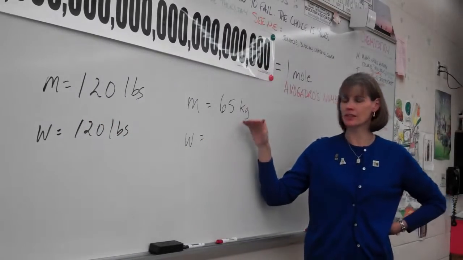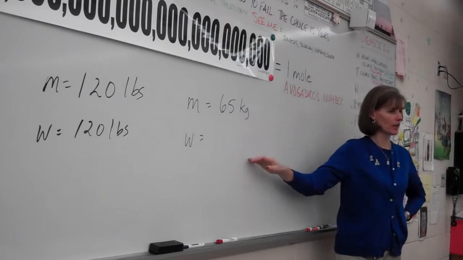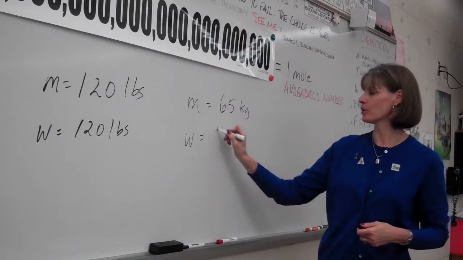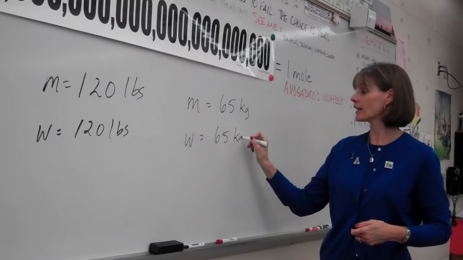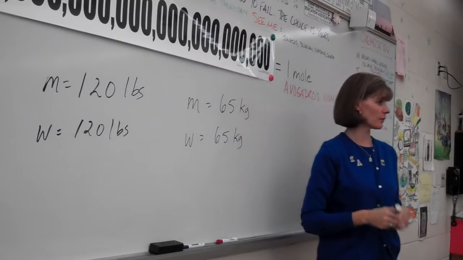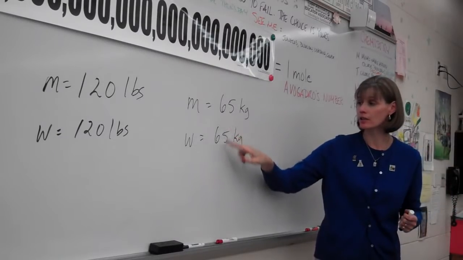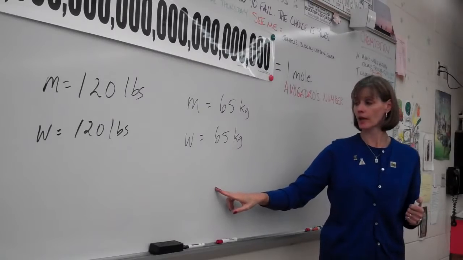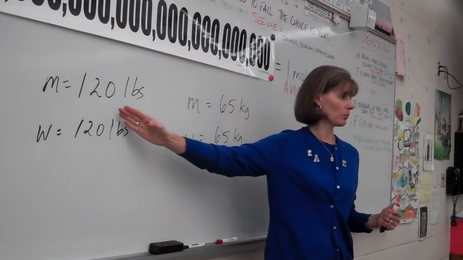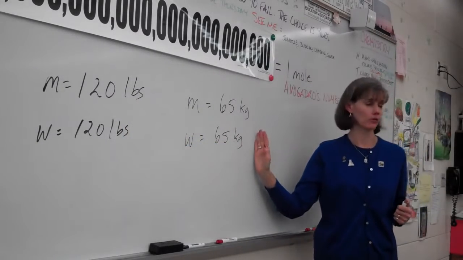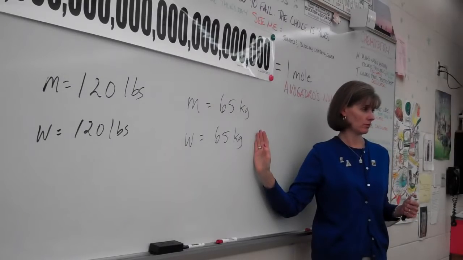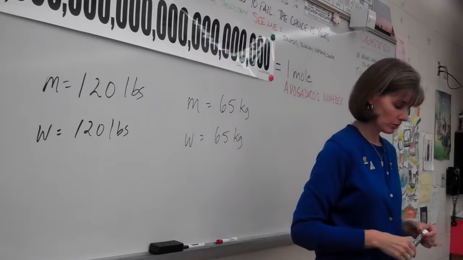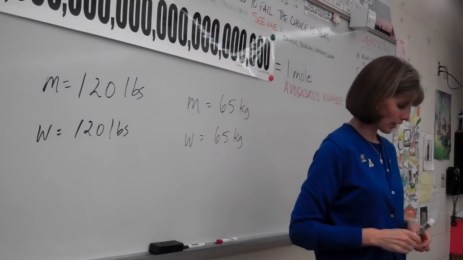If your mass is 65 kilograms, what is your weight? 65 kilograms. No, we're not on the moon. Okay, again, we determine the system, and on Earth, numerically, those values are the same. Okay, this one happens to be in imperial units, this is in metric. This is a little high for that, but close.